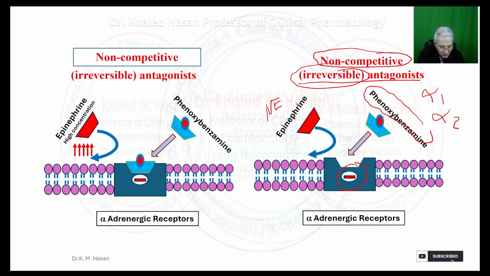That means phenoxybenzamine will bind and stay on the receptor. What happens if you increase the level of epinephrine, if you have a high concentration of epinephrine? As you can see, the phenoxybenzamine stays on the receptor even if we have a high concentration of epinephrine. We call this concept a non-competitive irreversible antagonist.